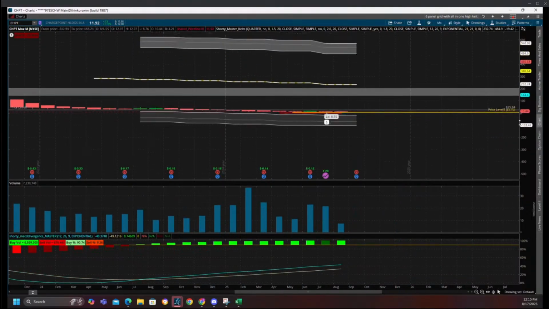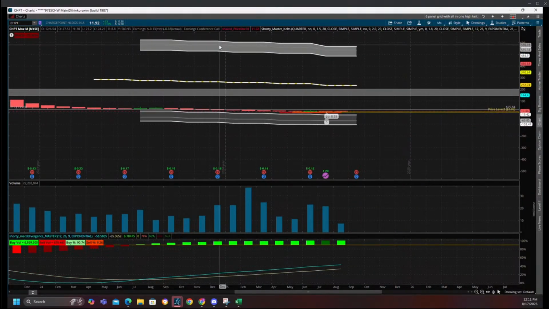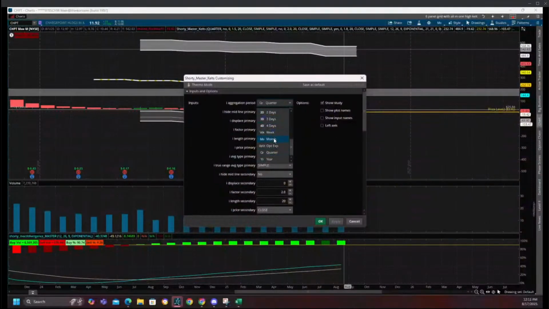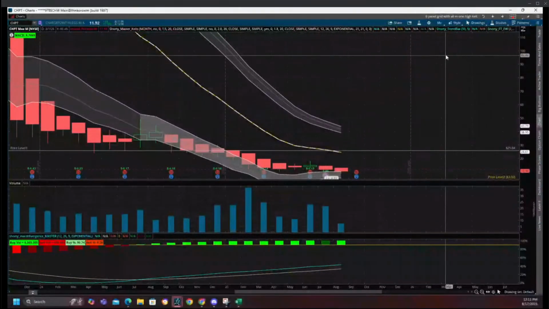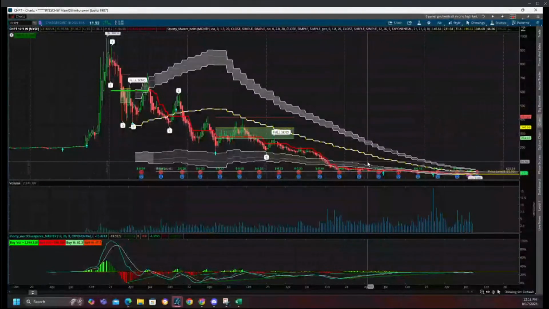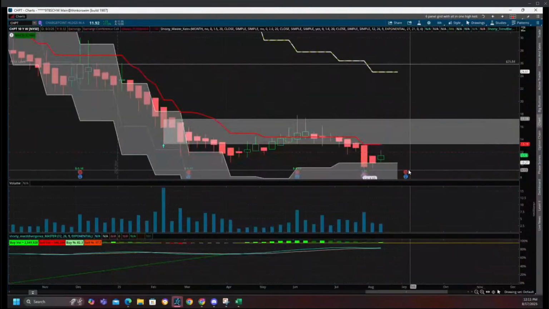Here, we can also tell when the cloud is shaded, and you can see that this cloud's top is shaded, right? But you can definitely change this from quarterly, let's say, to monthly. And you can see that this is compressing right now for a major move, right? When the clouds compress like this, something's gonna pop.